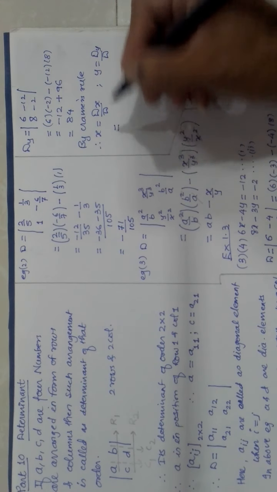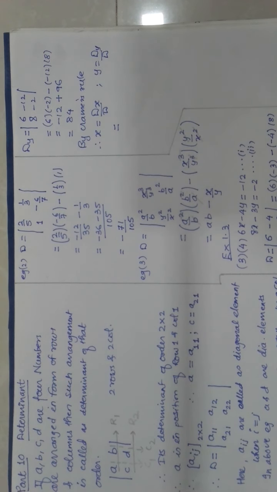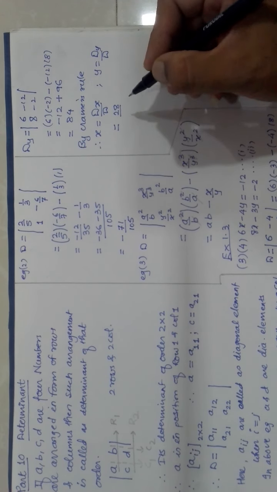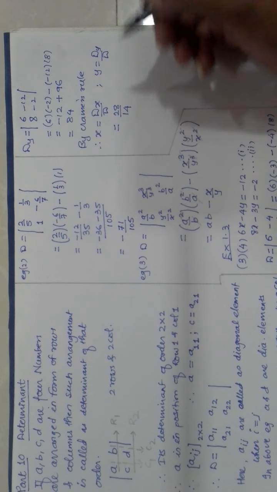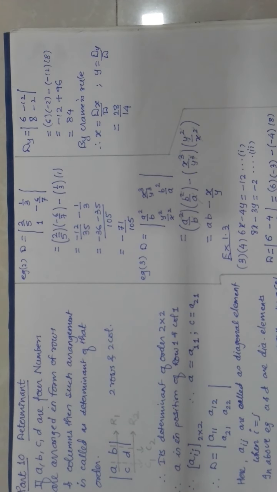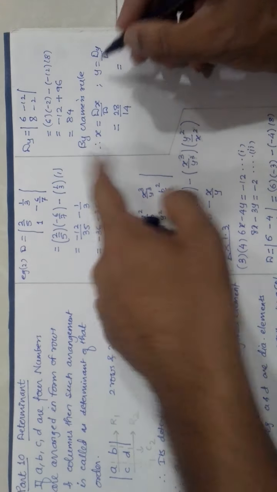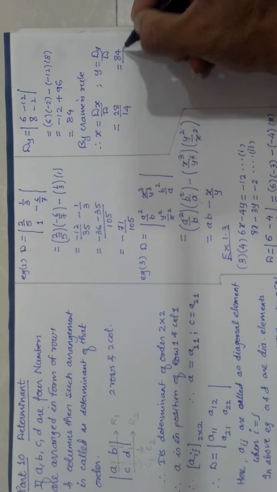So for the value of x, you can see dx, which you are not able to see, but I am telling you, the dx is 28 and the value of D is already 14. The value of D is 14 and dx is 28. Similarly, y is dy, which is here 84, and D is already 14.